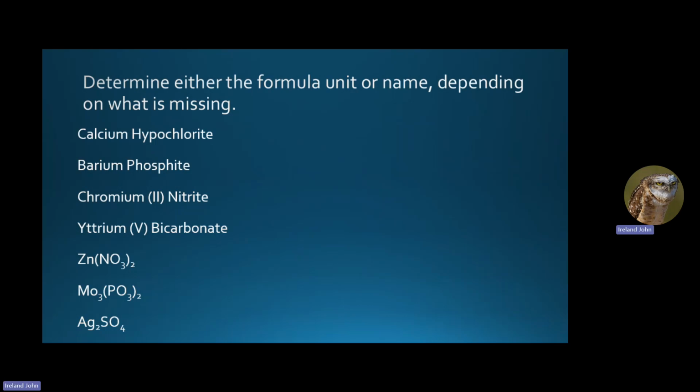Don't worry, not holding you to it right now. Anybody know what the formula for hypochlorite is? Anybody able to find the formula for hypochlorite in a shortish time frame? Or you could do what most of you seem to be doing right now, which is staring at me, waiting for me to give you the answer.